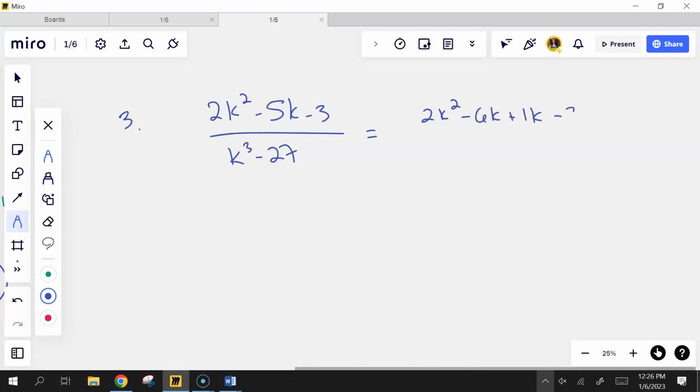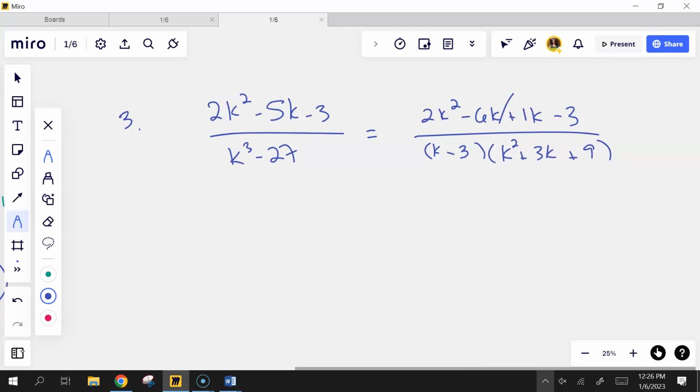It's a slasher. And this is a difference of cubes, which is little parenthesis, big parenthesis, same change plus. Okay, I'm just going to go ahead and do this since I'm already here. 3k and 9.